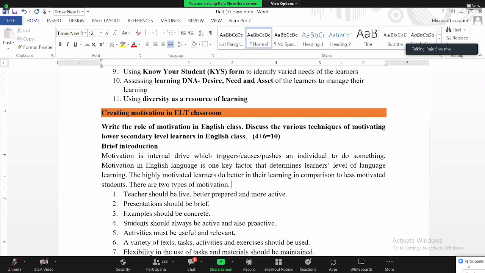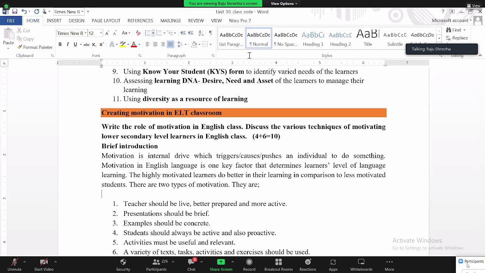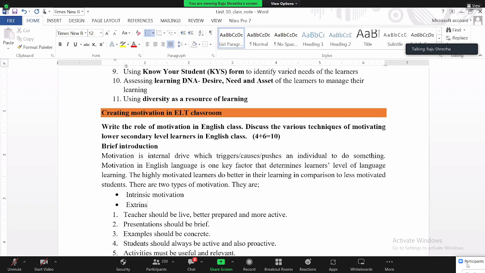They are, what? Just we can give the bullet. They are intrinsic motivation and extrinsic motivation.